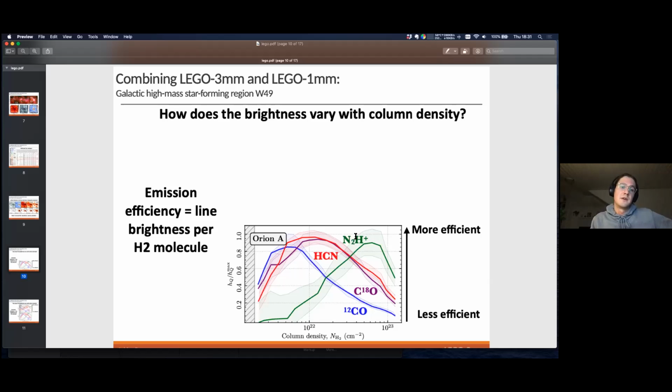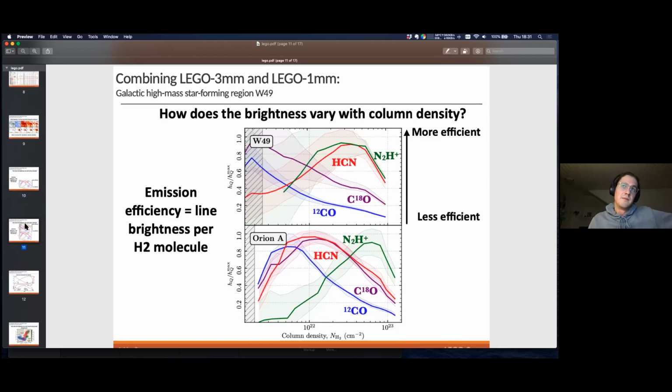And you see that these molecules emit efficiently at the high end. So this is quite a nice picture, showing that going from CO to HCN to N2H+ are tracing fundamentally different regimes in terms of densities throughout our molecular cloud, which isn't always intrinsically linked to that critical density.